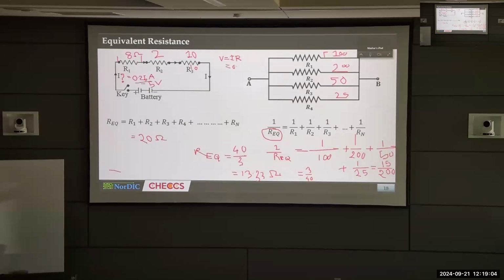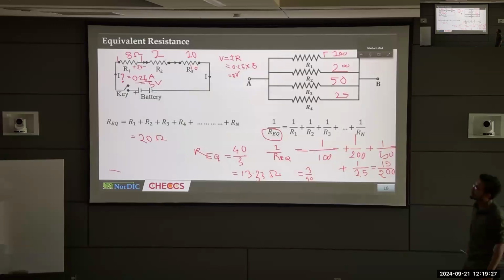So multiply 0.25 with the resistance, which is 8. We get 2 volt. So what is the voltage difference here? 2 volt.